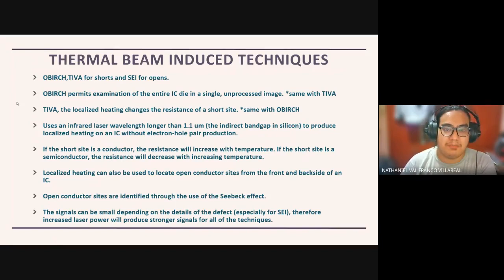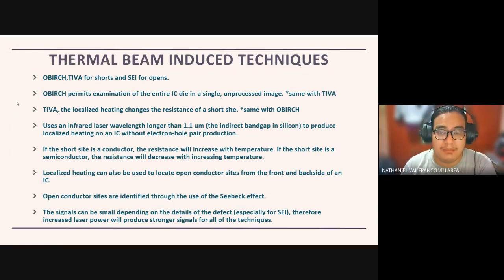OBIRCH permits examination of the entire IC die in a single unprocessed image. It is also the same with TIVA. What this means is that an IC can be observed from either the front or the back. For TIVA, the localized heating changes the resistance of a short site, also with OBIRCH.